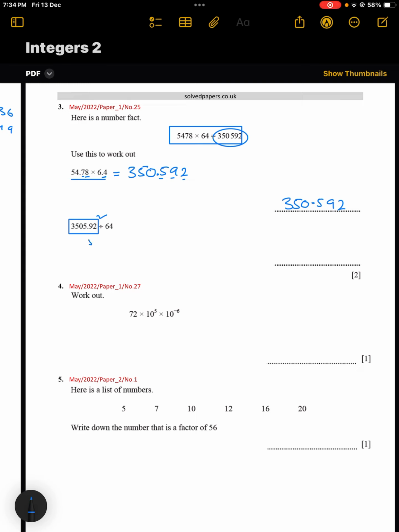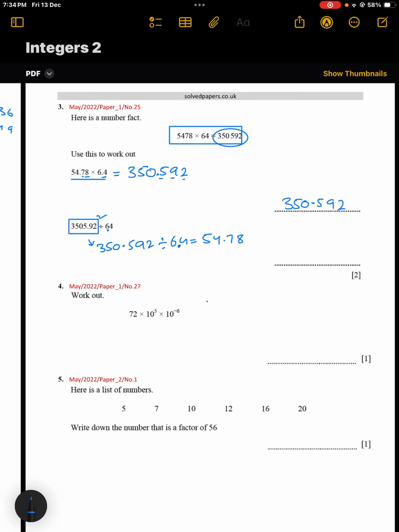It should be like this. 350.592 divided by 64 would give you 54 point something, 54.78, and here it should be a point here as well. This question should be solved like this.